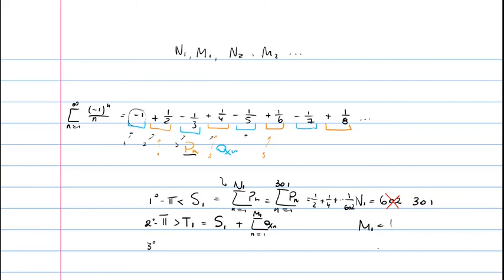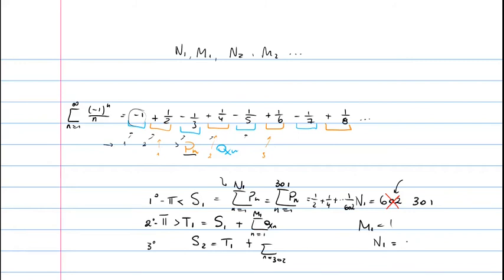Then in the third step, we got again a value for n1. We had that S2 was T1 as a previous sum, plus the sum from n equals n1 plus 1, in this case it would be 302. We actually set it to 603 because of the way the indexes were moving in the computer.